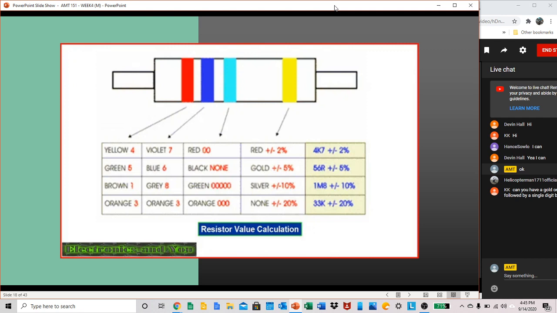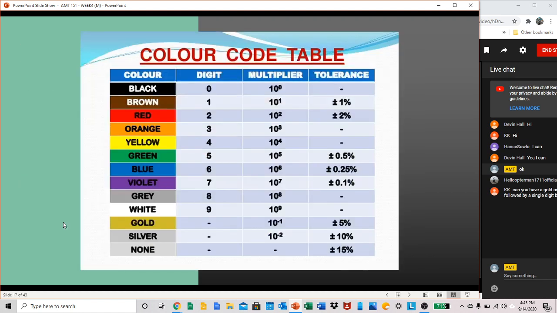I'm going to go back to the table here. In this table, you see we have gold, silver, and none. The only time that you can have gold and silver is as your multiplier band or your tolerance band. You will never have gold and silver as your single digit whole number band.